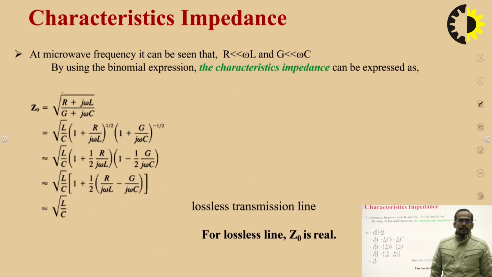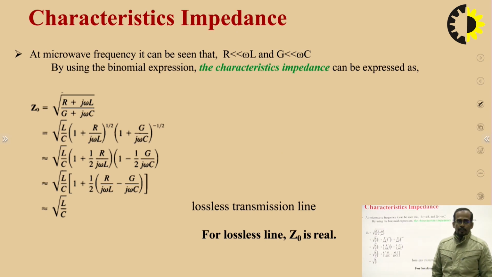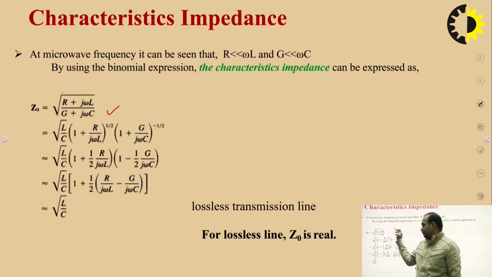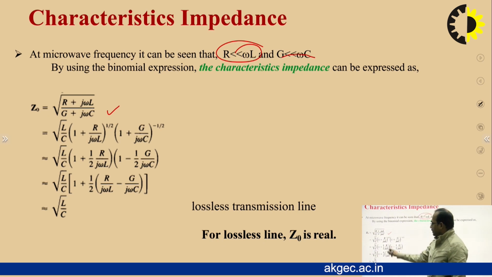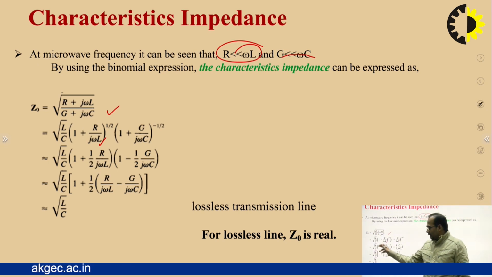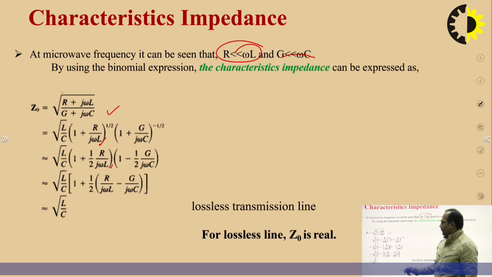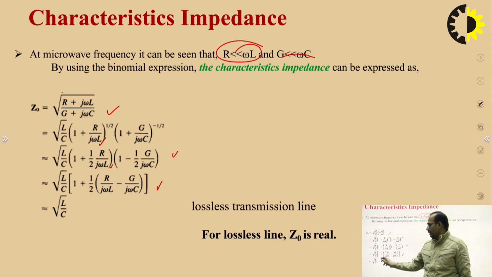Similarly, we can calculate the characteristic impedance Z naught, which is equal to under root R plus j omega L upon G plus j omega C. I have considered R less than omega L and G less than omega C. So we can ignore some values, or after expanding up to the first term, I will get under root L by C times 1 plus 1 by 2 R by j omega L, times 1 minus 1 by 2 G by j omega C. After calculation this can be ignored and this can be ignored.